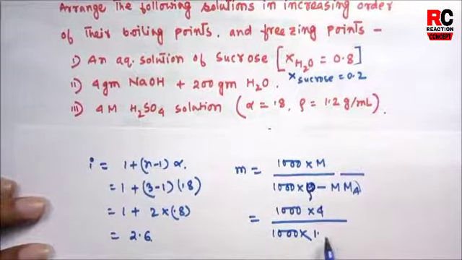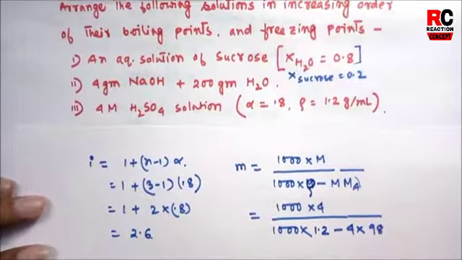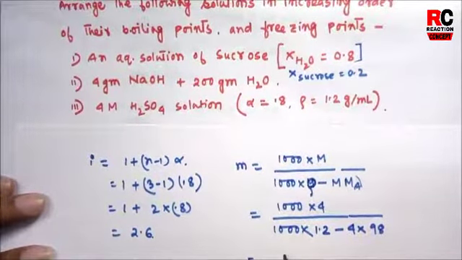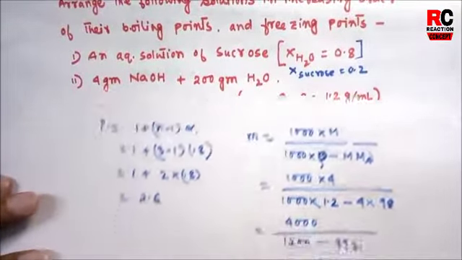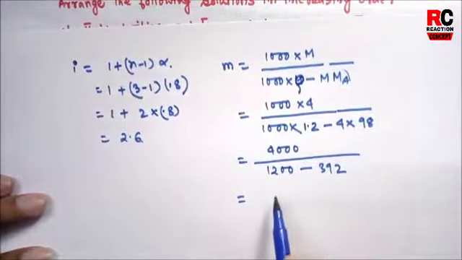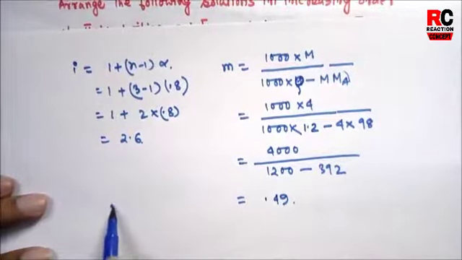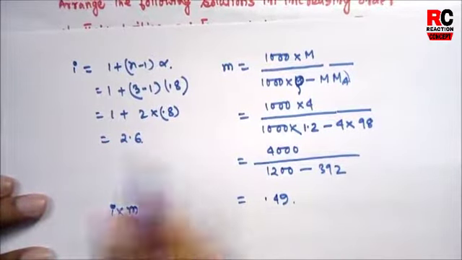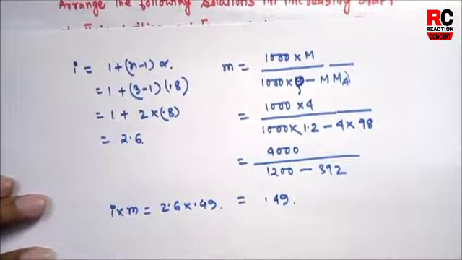Okay, the density of the solution is 1.2, and the molar mass of sulfuric acid is 98. So if we calculate this, it would be 4000 divided by 1200 minus 392. If we calculate this, we will get 0.49.